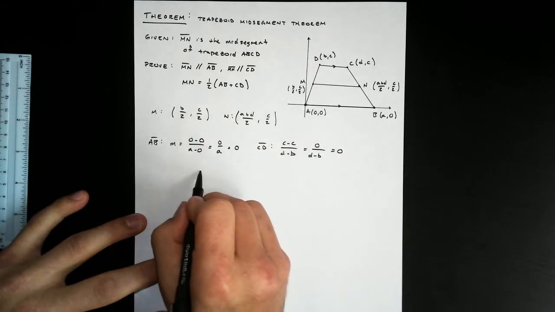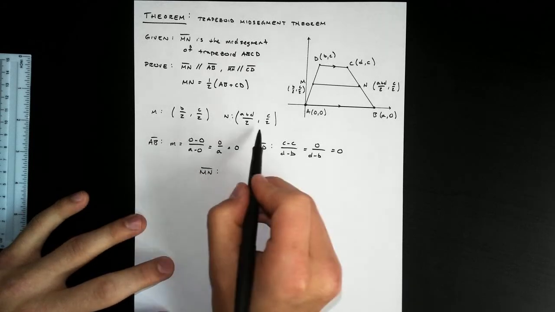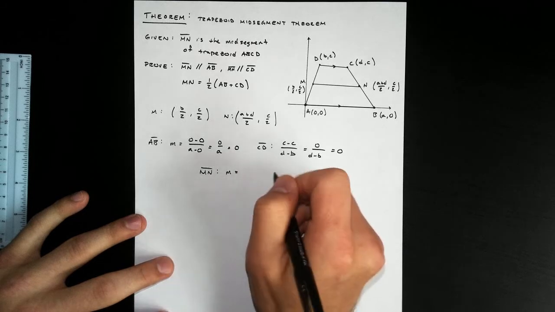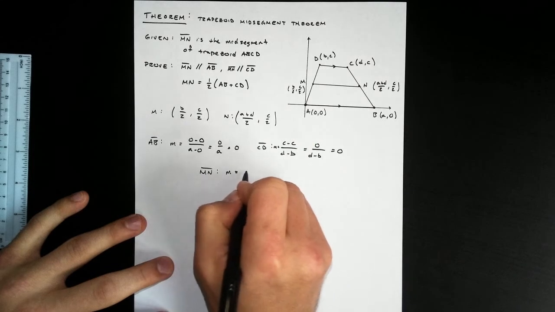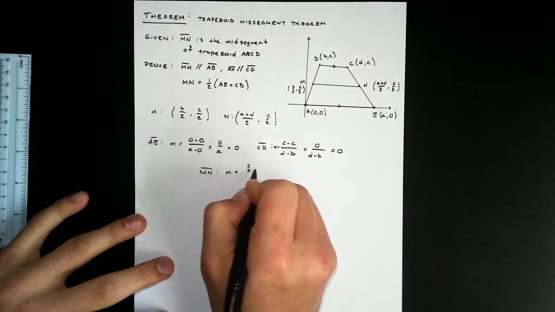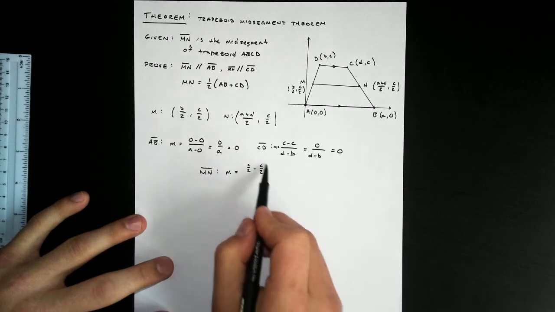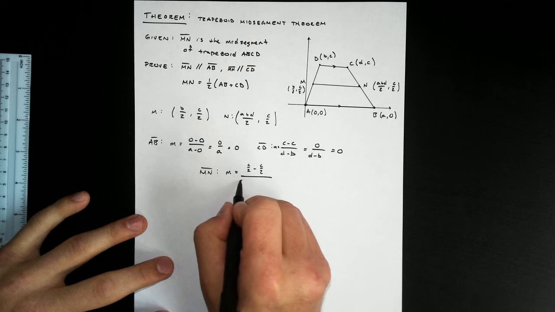But then we're going to compare that to MN. So now we're using these 2 points. So the slope here, we have the 2 y values, c over 2 minus c over 2. It's already going to be 0 in the numerator, but we need to show the algebra.